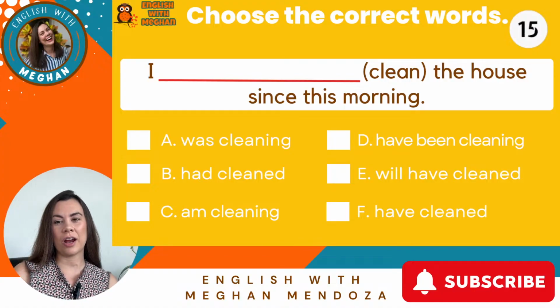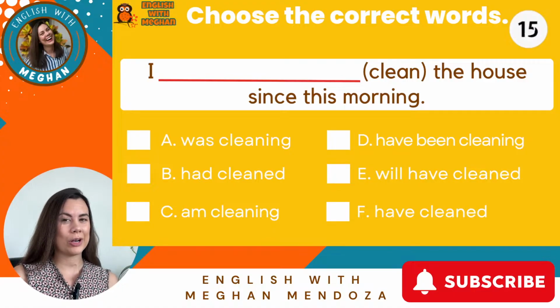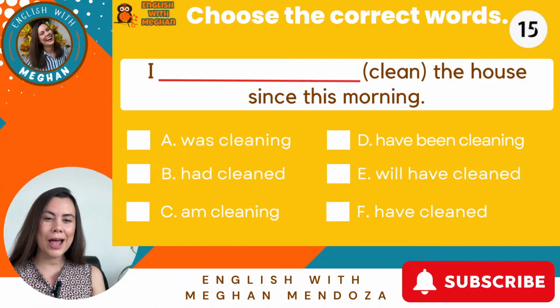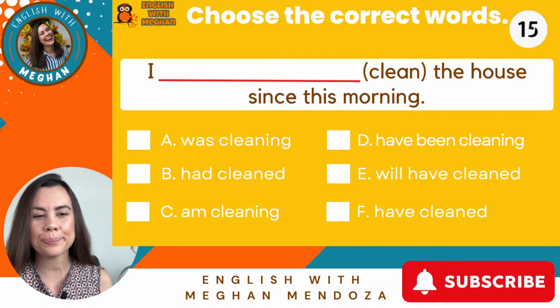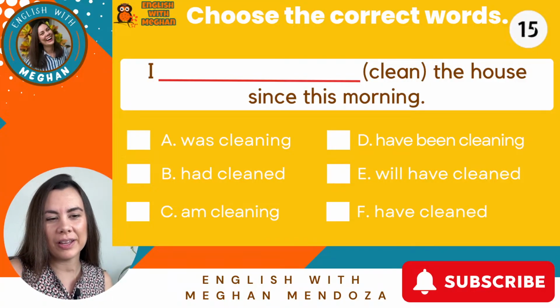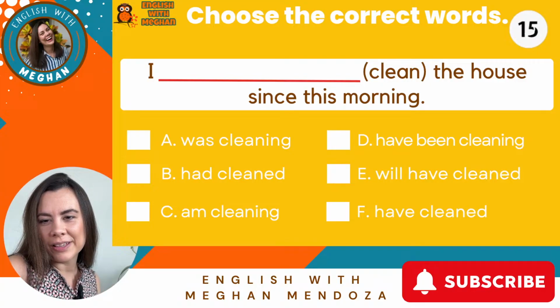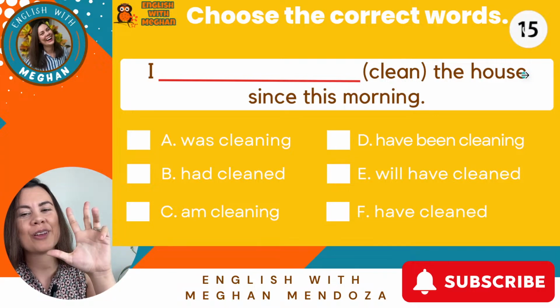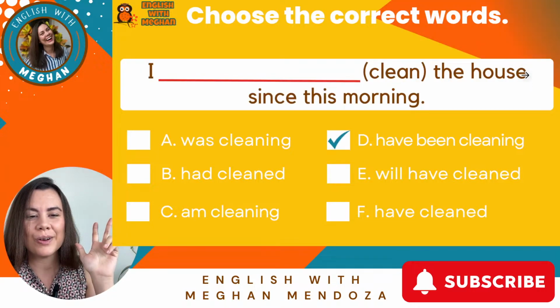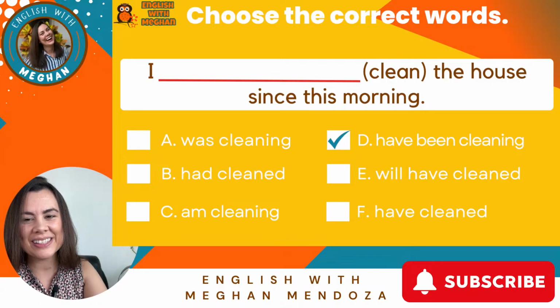What's the answer there? Now think, where's our time words, our time expressions? Okay. We have the answer. Let's see. Our answer in 5, 4, 3, 2, 1. D it is. That is right.